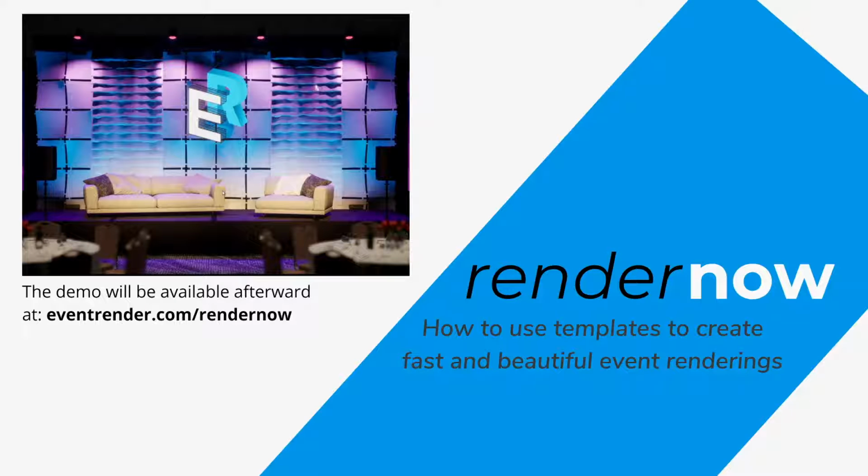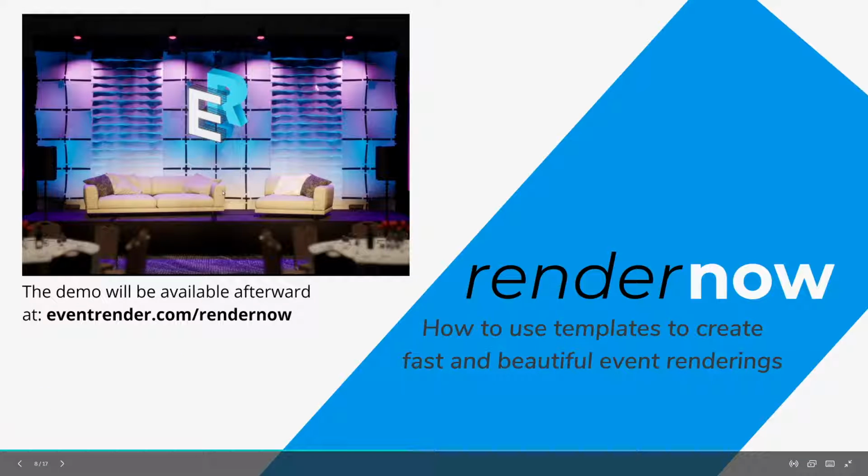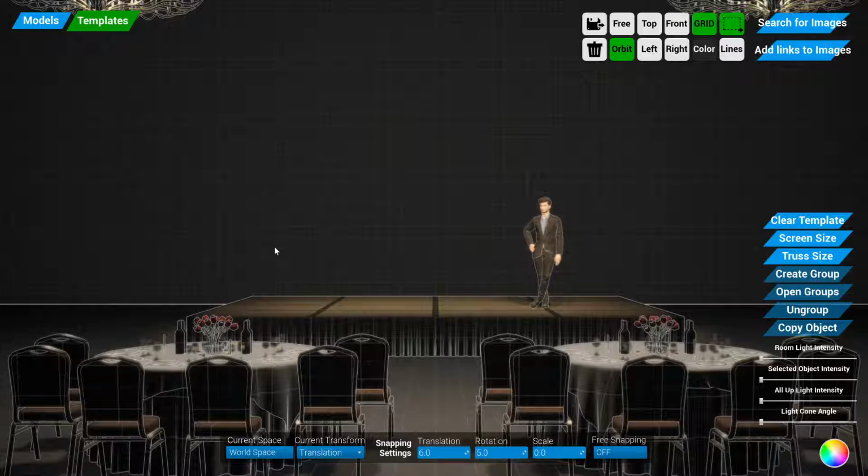Now we'll go into the demo of how to take a template and make a design, or rework a design, for your specific project. This is Event Render Now software. I won't go into all of the features on here.